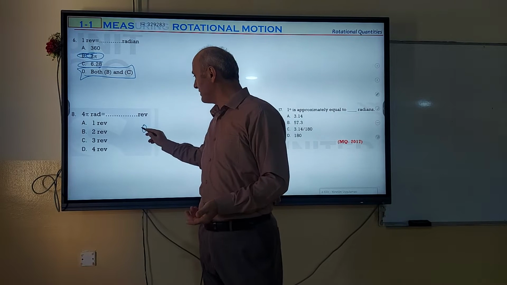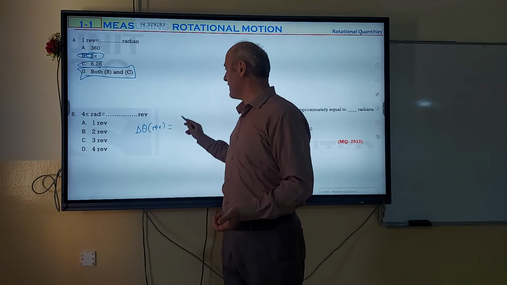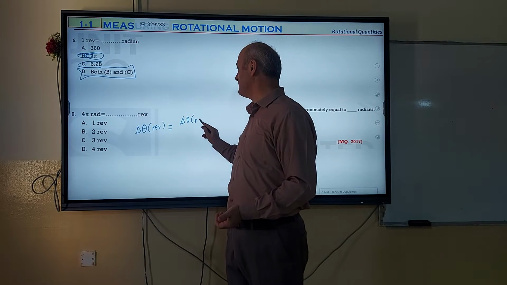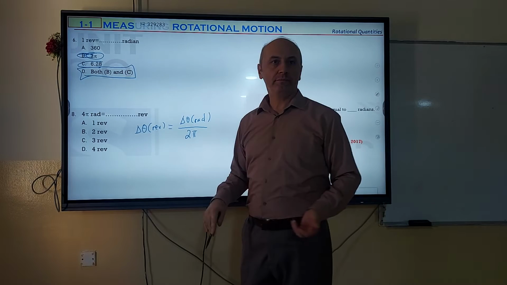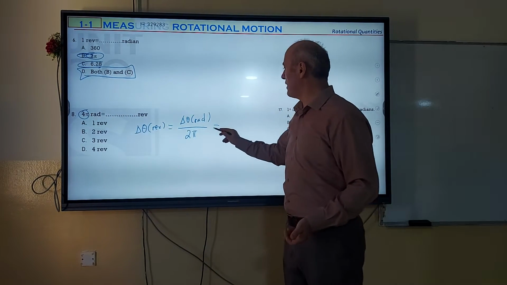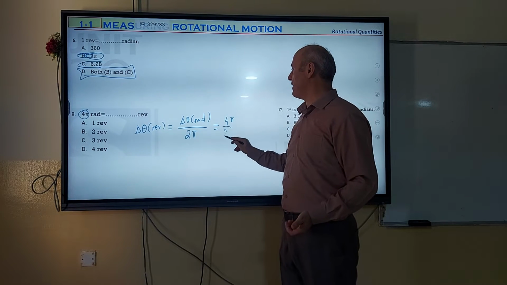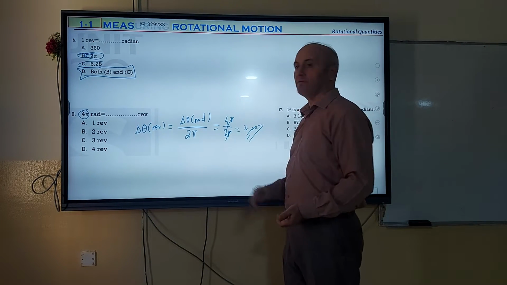So angular displacement in revolution is equal to angular displacement in radian divided by 2 pi. And how much is it in radian? 4 pi. 4 pi divided by 2 pi simplifies, and the result is 2 revolutions.